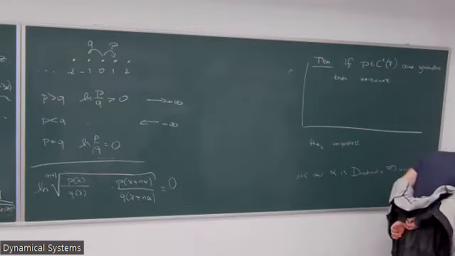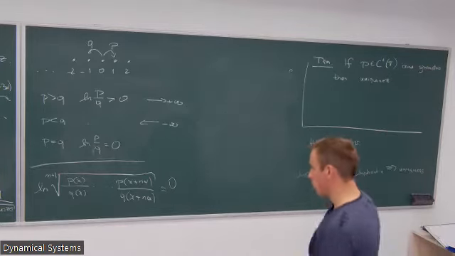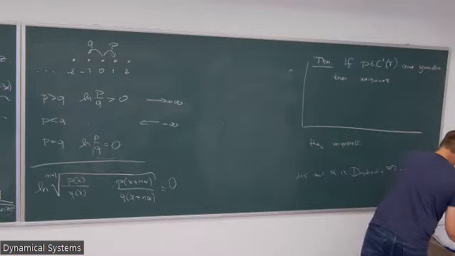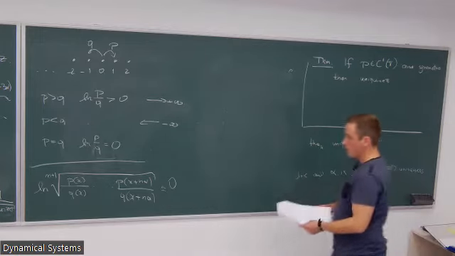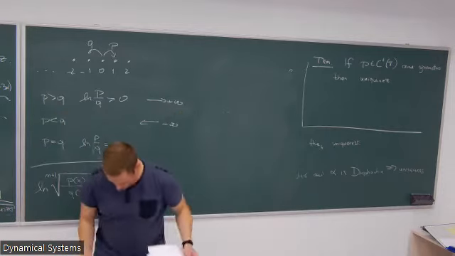Now, if we want to prove uniqueness, what should we do? We cannot follow this strategy. Why?